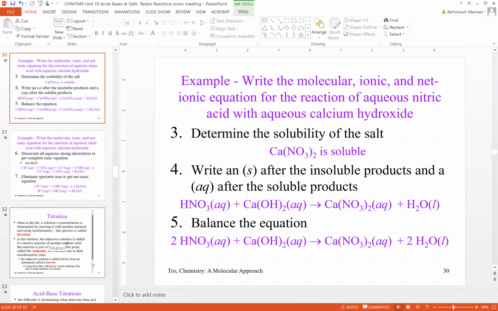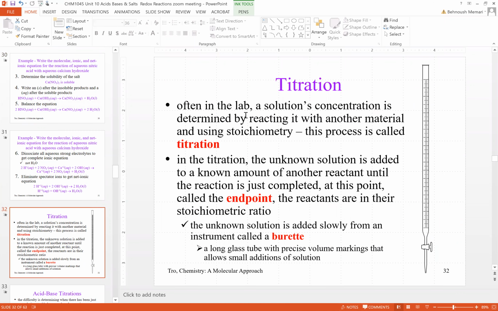Be careful with that. Make sure that you have the definitions for endpoint and equivalence point separately. The endpoint of the reaction is when the indicator changes color. The equivalence point is when the number of moles of acid equals the number of moles of base.